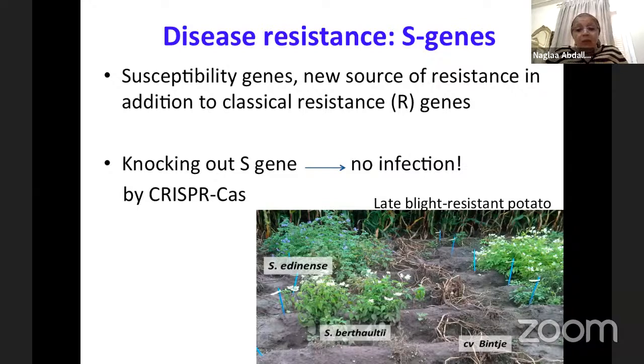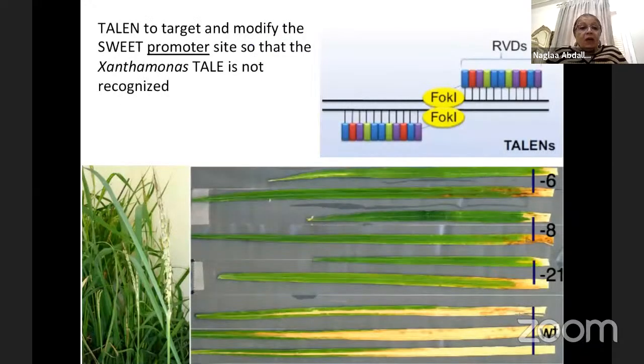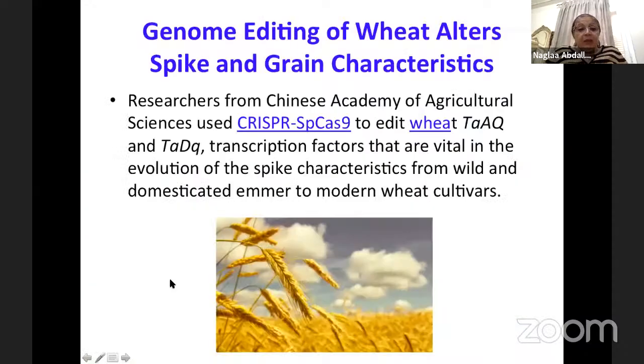For instance, for late blight resistance, we can knock out the S gene and we'll have resistance against late blight. Also, they have developed a modified plant against Xanthomonas, and it's already in the market. It's already tested and ready for marketing.